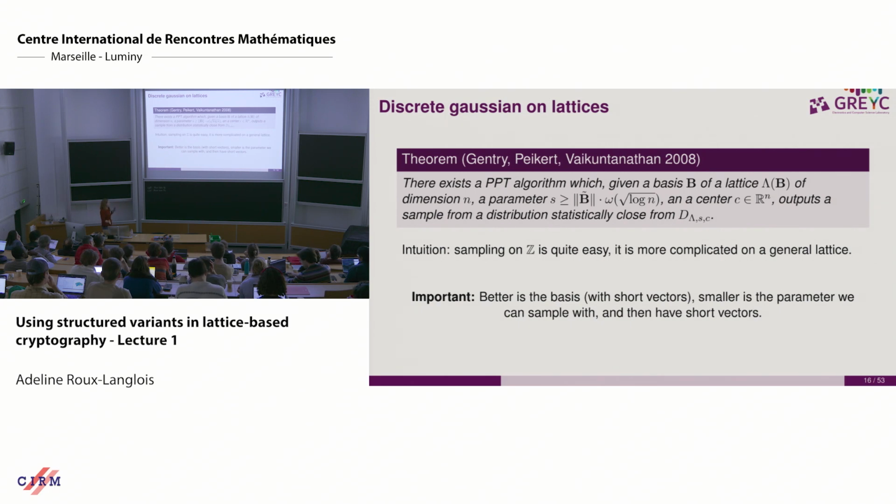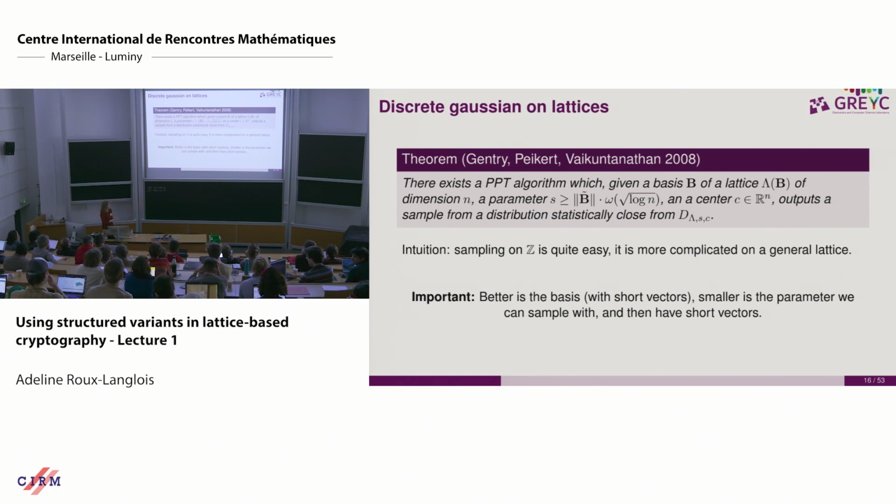And I can do it on Z, but I can do it also on any lattice. So we will not see today how we draw a Gaussian from lattices, but there exist samplers. So this one was one of the first ones, but now we have better ones than this one.